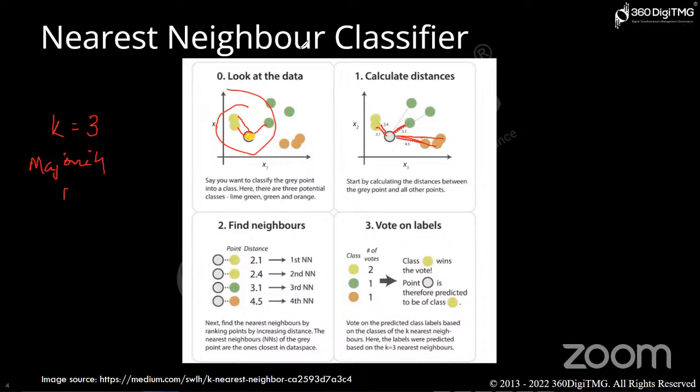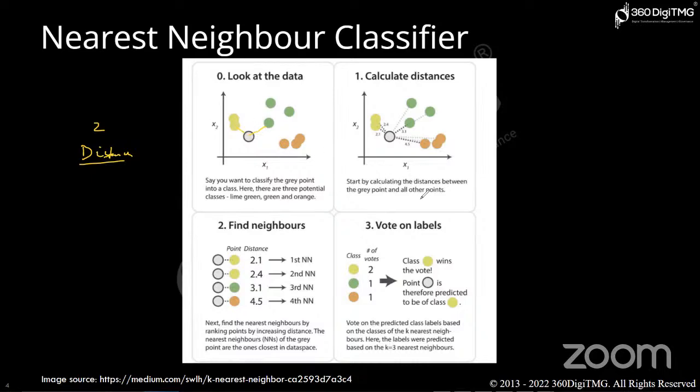Similarly, depending on different values of k, it will fall in different classes. Suppose k is equal to 2, it will take this and also this. If there is a conflict, then we also take distance into consideration. Whose distance is smallest, that will be the class.